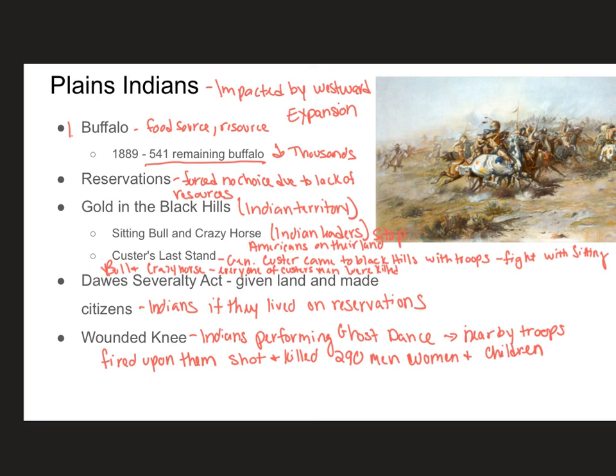And so this whole movement westward had a huge impact on the cultures that already lived there without a whole lot of thought from us on what that might look like.